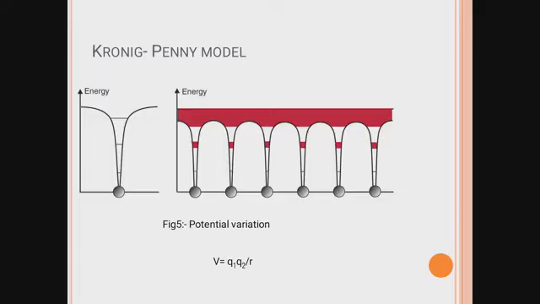If we draw a rectangular potential well with respect to each potential variation, it will look like this, and these are the atoms.